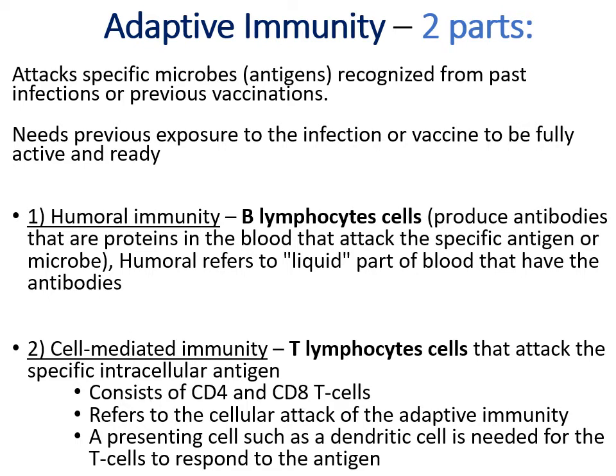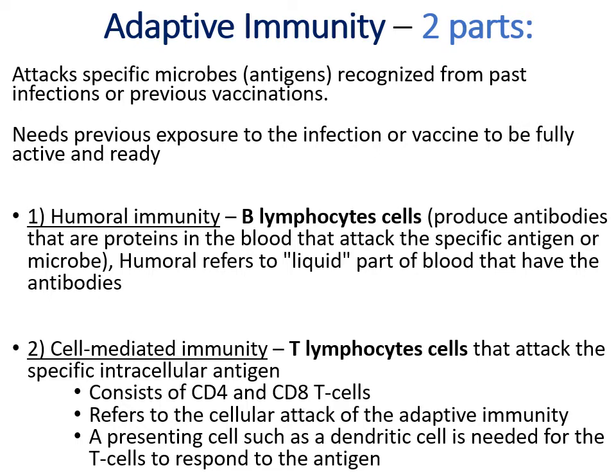The cell-mediated immunity, those T cells that can specifically attack antigens. Okay? And the cell-mediated immunity consists of the CD4 and CD8 cells. And you'll see that HIV, for example, which is a viral infection, destroys the CD4 cells. Okay, so it's a disease of the T helper cells.